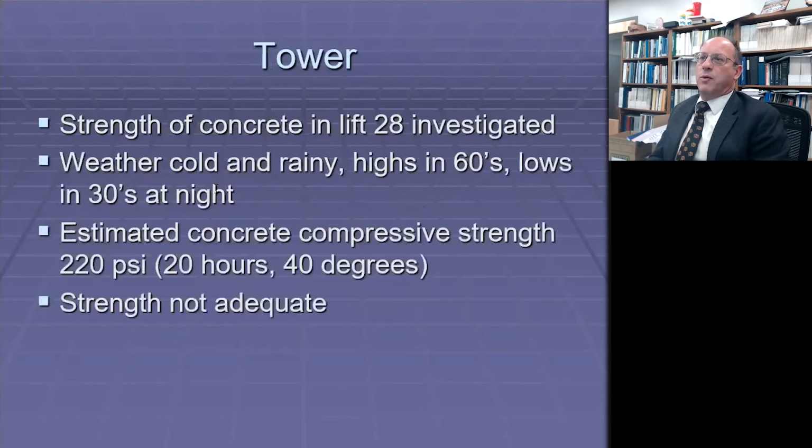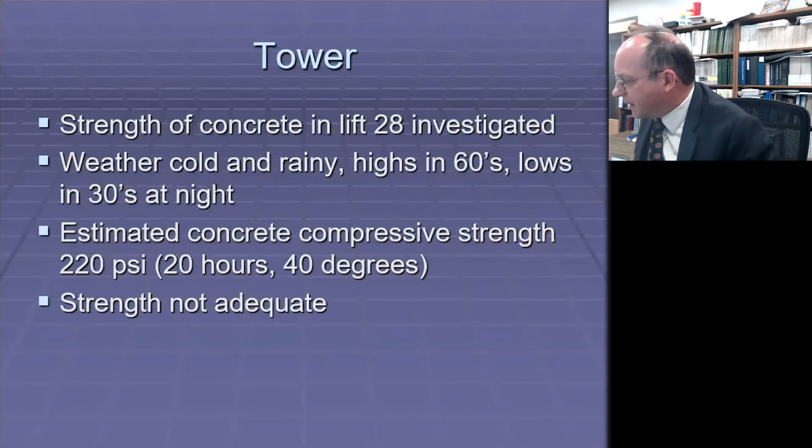Their finding was that the strength had been compromised by cold weather. They had gone through a relatively cold period, highs in the 60s, lows in the 30s at night, and the concrete compressive strength was estimated to be only about 220 psi. So that was their finding on the tower.